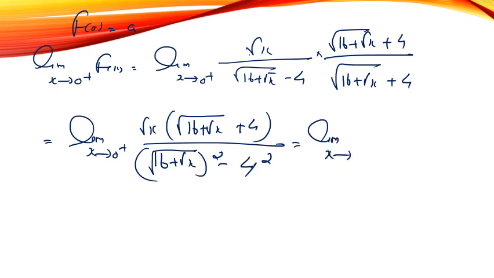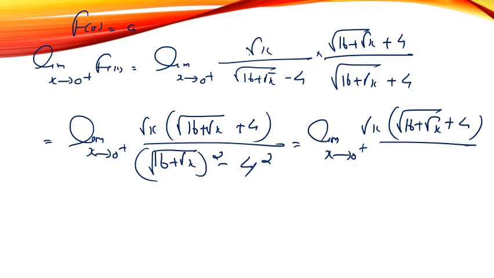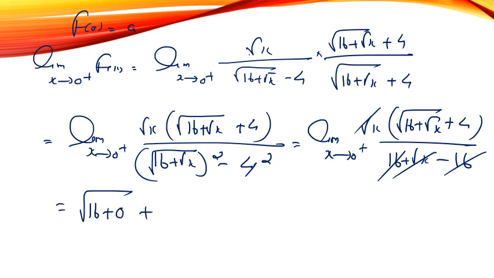So limit x tends to 0 plus root x into root of 16 plus root x plus 4 by 16 plus root x minus 16. 16 minus 16 cancel, root x cancels. When you apply limit x tends to 0, that becomes root of 16 plus 0 plus 4. Square root of 16 is 4. 4 plus 4 is 8.